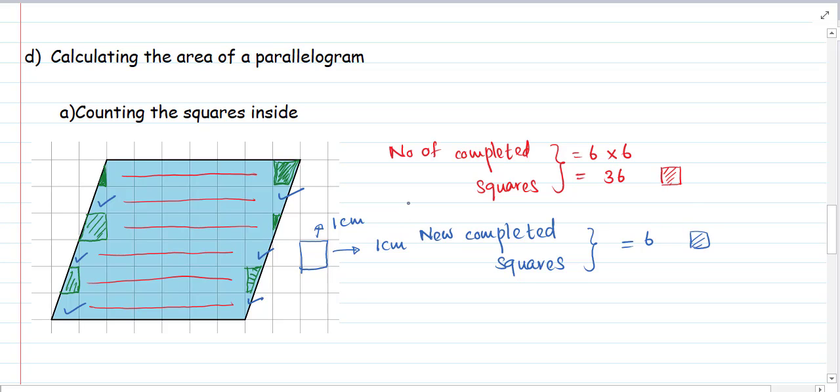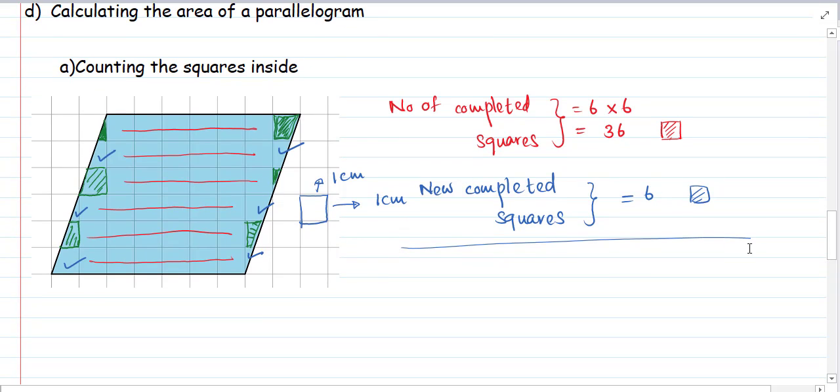So altogether, how many squares are there inside this figure, inside this space? The total number of squares, which means the partial ones and the completed ones, is 36 plus 6, which means 42 completed squares.